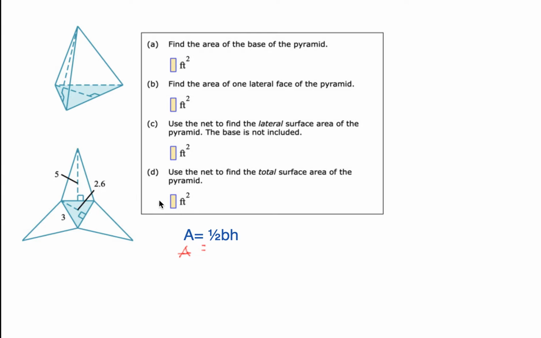So here it says 2.6 is my base. I'm going to plug what I do know. I'm sorry, it's not the base, sorry, it's the height. 2.6 is the height. And then let me go to the base first before I put in the actual height. This is an equilateral triangle.